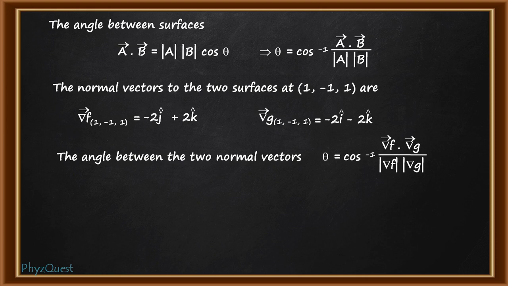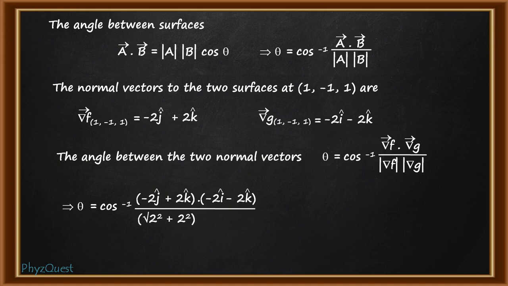So let's put the values here. This is cos inverse of (minus 2 j cap plus 2 k cap) dot (minus 2 i cap minus 2 k cap), divided by the magnitude of gradient of f, that is square root of 2 square plus 2 square, and for the second vector, also square root of 2 square plus 2 square.